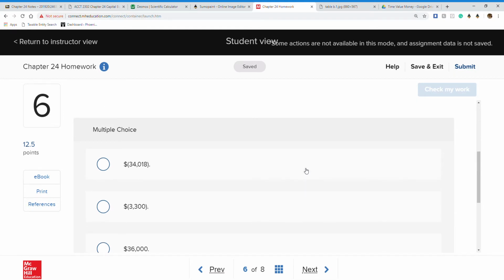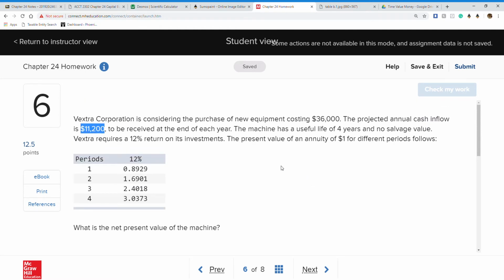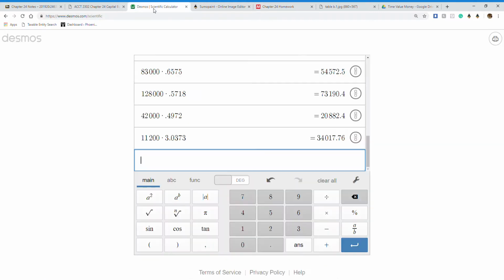Okay, so they're showing it as a negative. So this brings up the question, what are they going for? And I'm thinking they're going for basically the total of it. So we're going to take the 34,018 minus, oh wait, always cash inflow, 34,018 minus our 36,000.